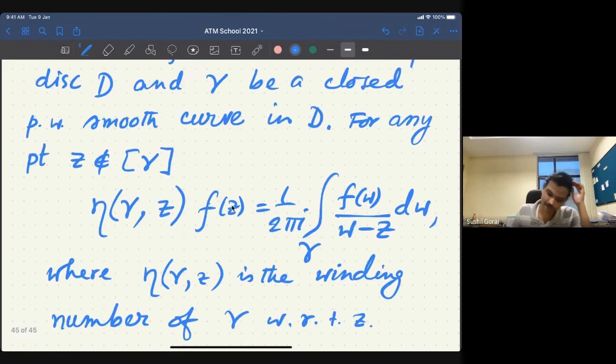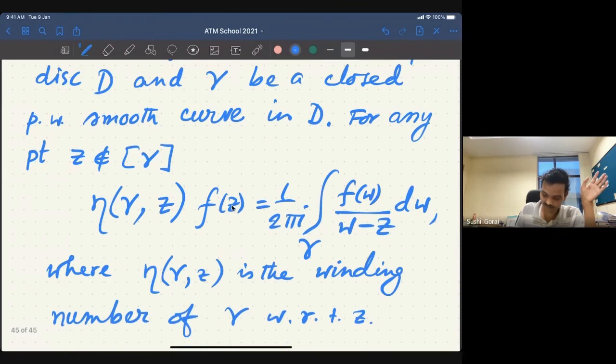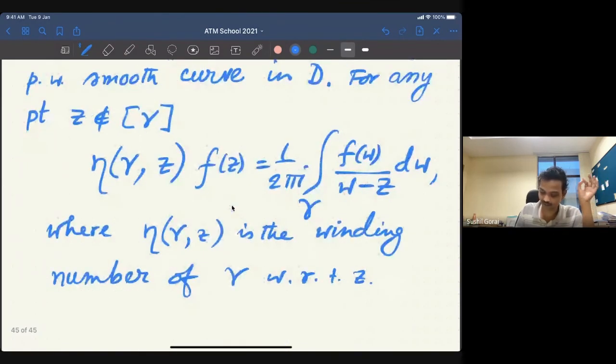All right. So if it is a simple closed curve, then for points inside, f(z) is 1 over 2 pi i times the integral of f(w) by w minus z dw, since the winding number is 1.